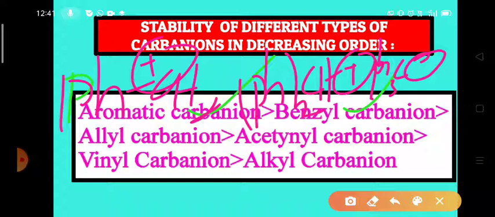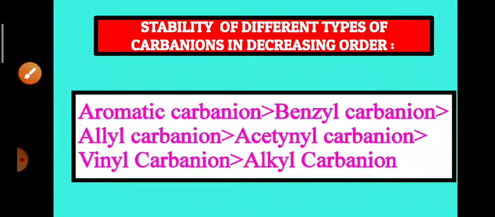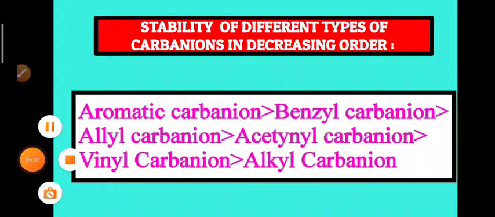Phenyl methyl carbon ion, diphenyl methyl carbon ion and triphenyl methyl carbon ions. Then after comes allyl carbon ion. After that, it comes ethynyl or vinyl carbon ions. After that, we get the phenyl carbon ions, and on the last are the alkyl carbon ions.